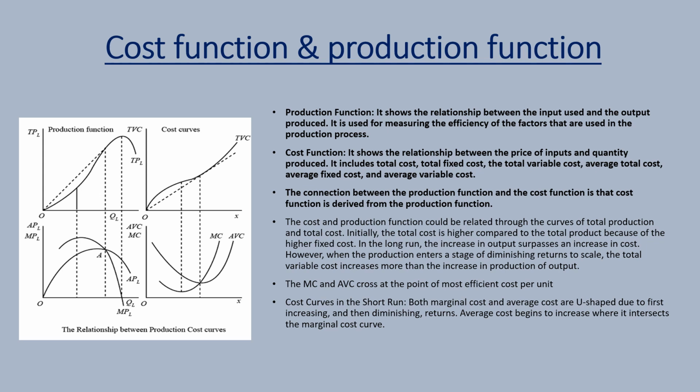So there are two major concepts that are probably the most important concepts in this unit, which are the cost function and the production function. The production function shows a relationship between the input used and the output produced. So for Mira, her production function is a relationship between the raw tomatoes from her farm and the amount of tomato paste produced, and it's used for measuring efficiency of the factors used in the production process.